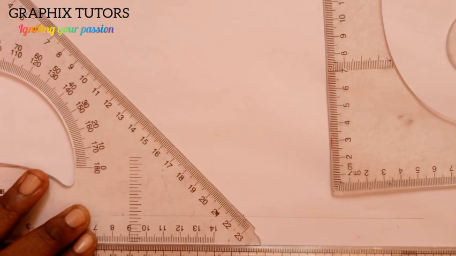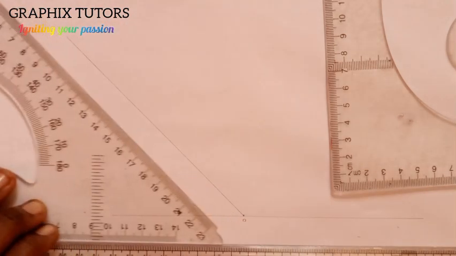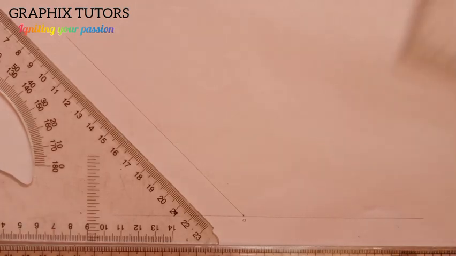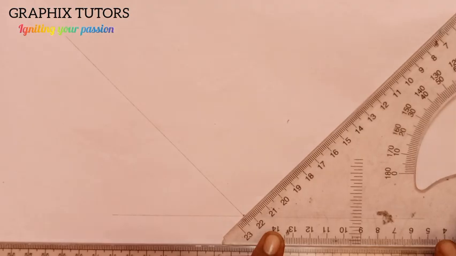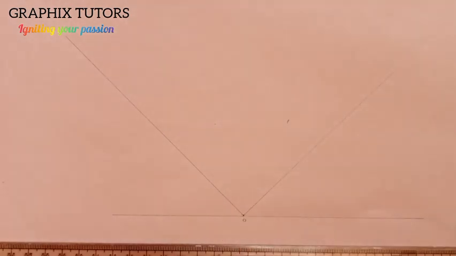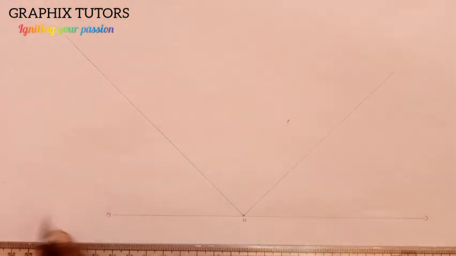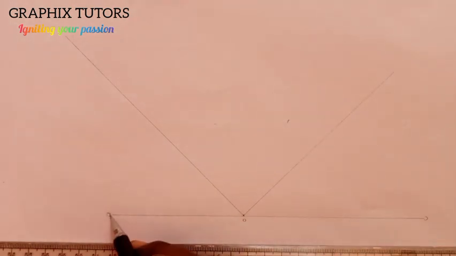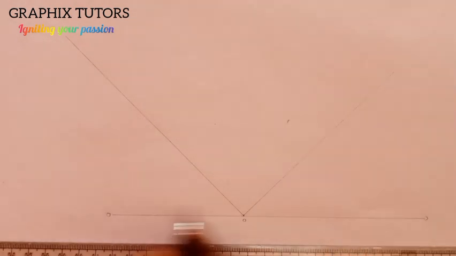I draw a line at 45 degrees from here, and another line at 45 degrees from the other side. This line here is 0 degrees, and an angle on a straight line is 180. So if you remove 45 from the left and 45 from the right, you remove 90, and 180 minus 90 is 90.